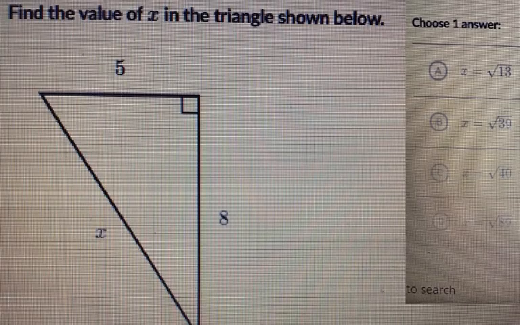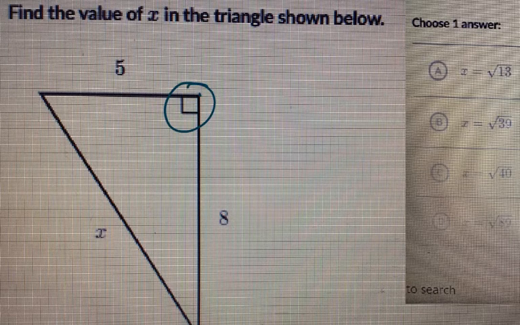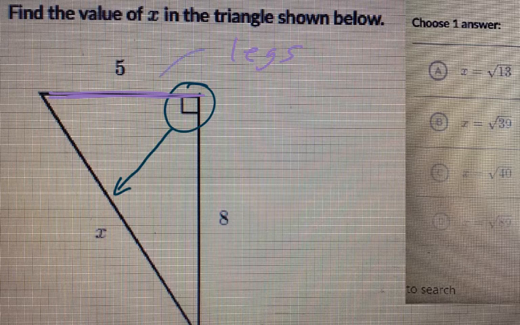Here we go. So notice I have a right triangle here, guys. See the right angle right there? Now remember, the hypotenuse is always opposite of the right angle. Another way to think about it is your shorter legs, as we call them. The legs are your A and B sides.